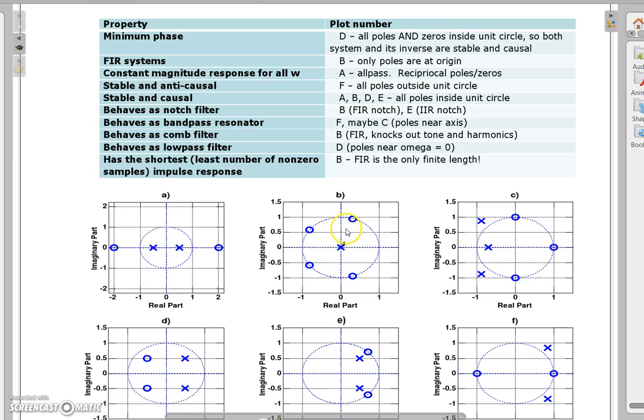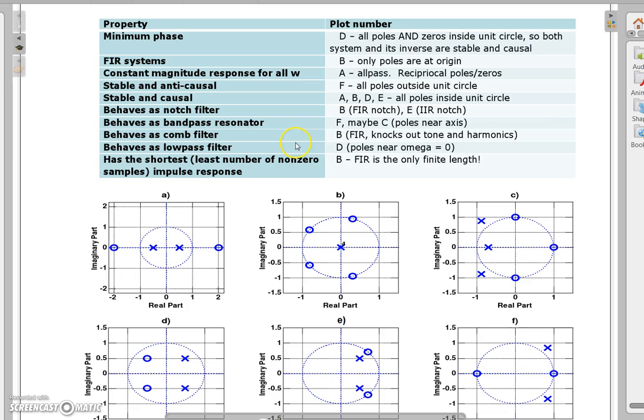And you can have a comb filter, as we saw in class, with many, many zeros around, knocking off a lot of frequencies. In the book they talk about one of the early uses of comb filters, in analyzing sunspot data, because there's a fundamental and then a lot of harmonics, and you can use a comb filter to get rid of those.